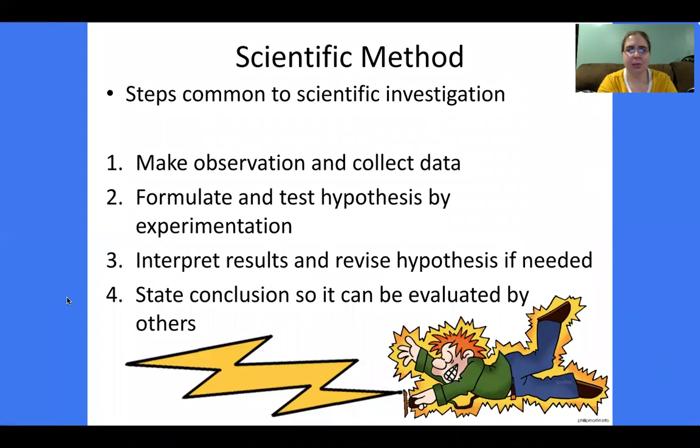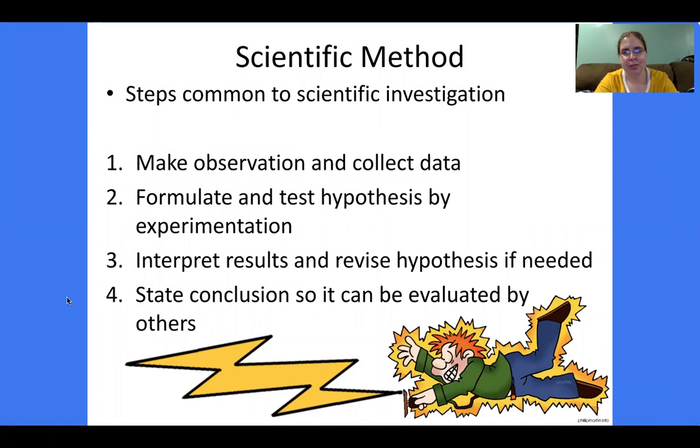Now, first, just a little bit of intro to science and all that, because physics is a type of science. So these are some of the steps that are common to the scientific method, which is just a series of steps used to conduct a scientific investigation.